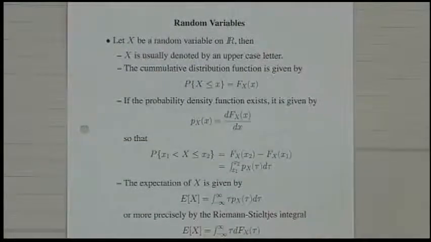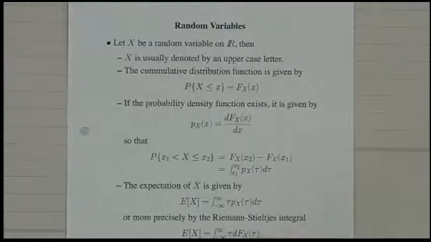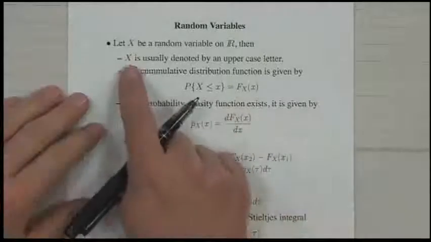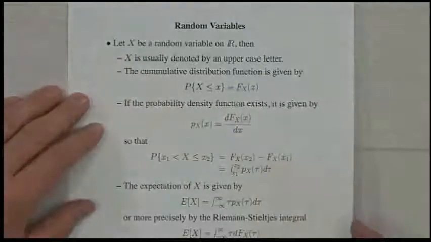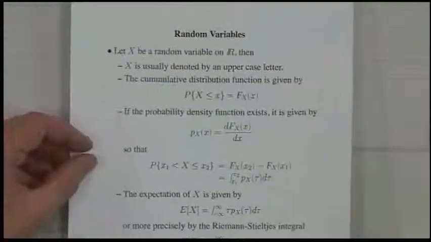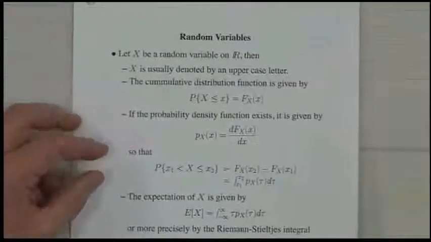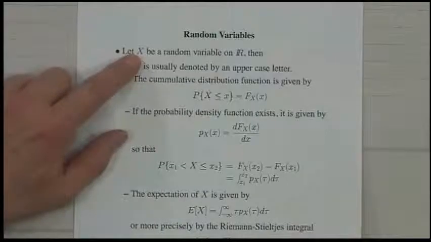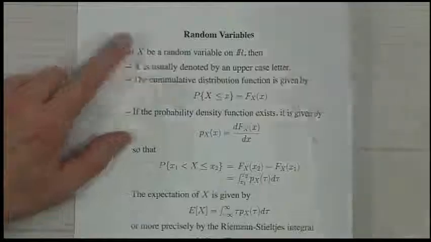I'm going to go through this very quickly because I'm assuming most people have taken 600. The definition of a random variable is somewhat complex, so I'm going to sidestep it. But basically, a random variable is actually a function, a function from a probability space to the real line.